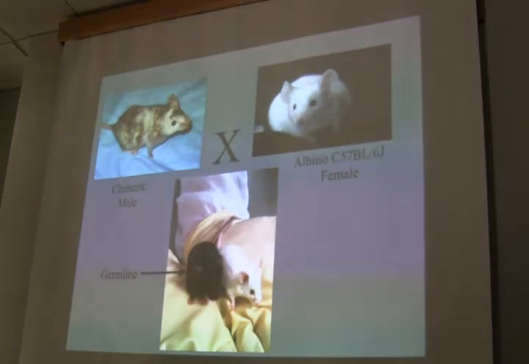There might be one rat ES cell line that works this way, maybe a few pigs and a few cows, but you can't do these genetic manipulations in other species simply because you don't have ES cells.